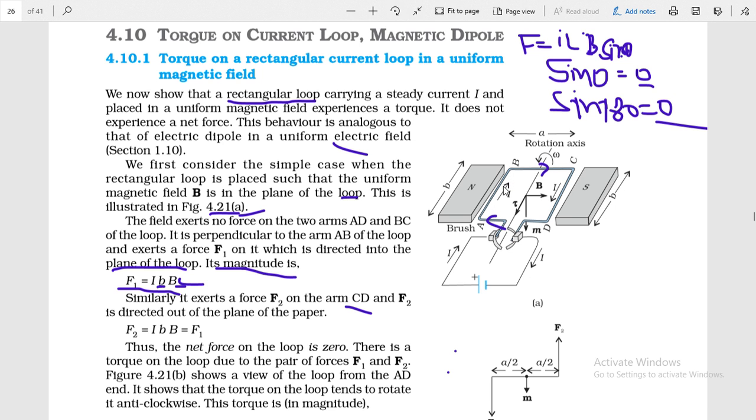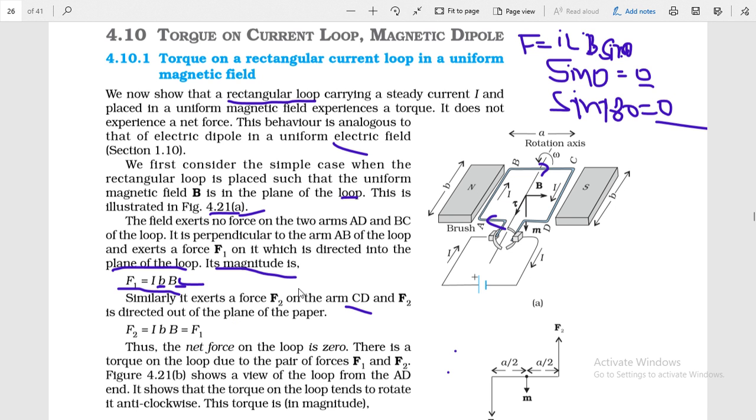So the force is exactly opposite on these two arms. In this case the force is directed out of the plane of paper, and here it is inward, but both are equal in magnitude and opposite in direction.